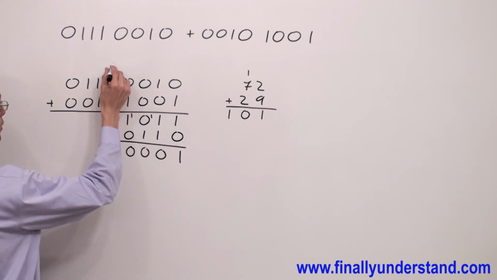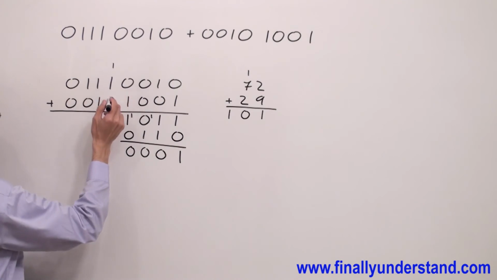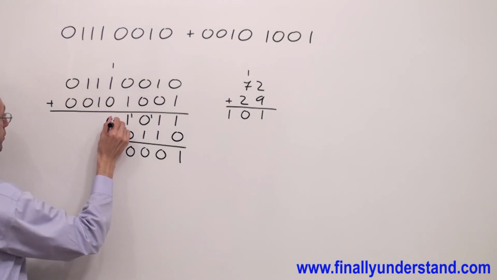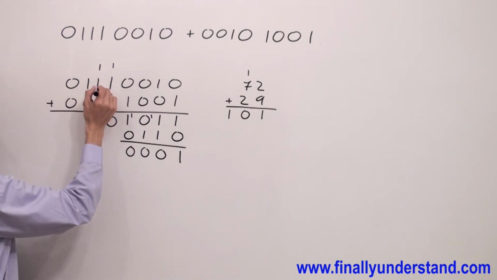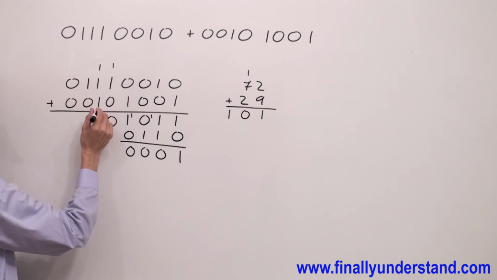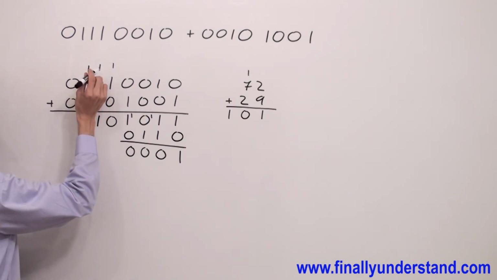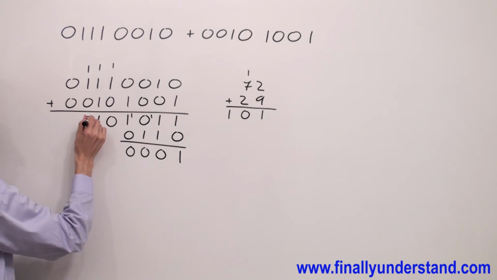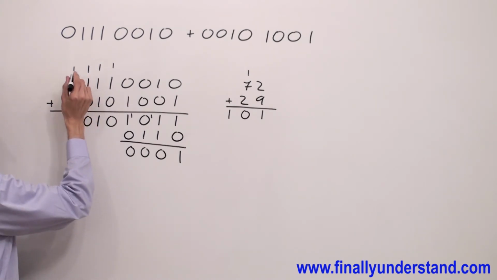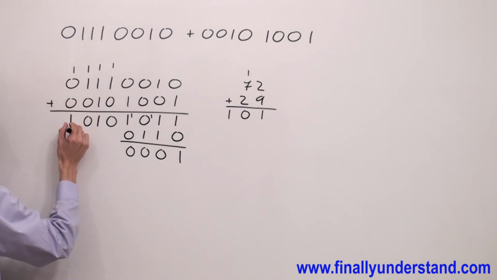This carry of 1 will go over here. 1 plus 1 is 2, write 0 and carry of 1. 1 plus 1 plus 1 is 3 and carry of 1. 1 plus 1 is 2 and carry of 1. 1 plus 0 is equal to 1.